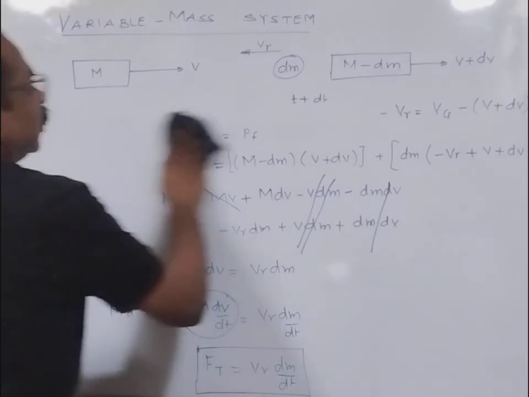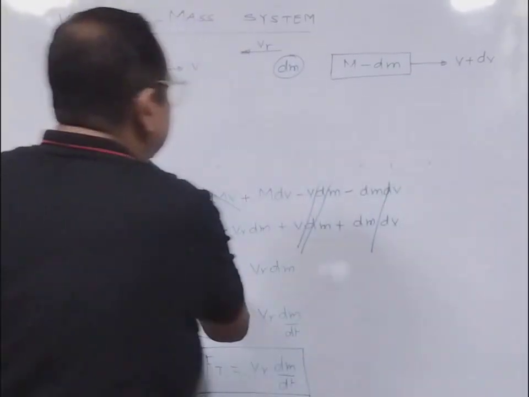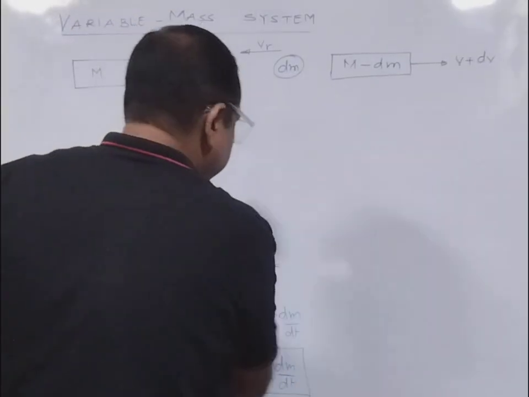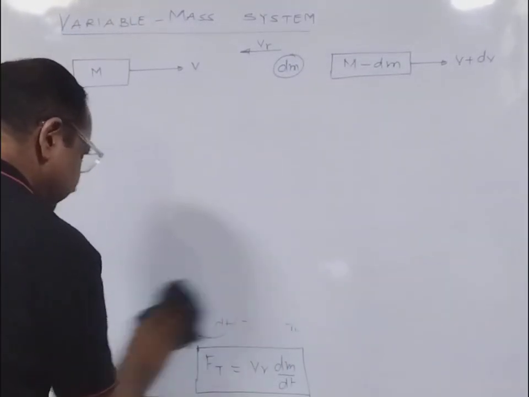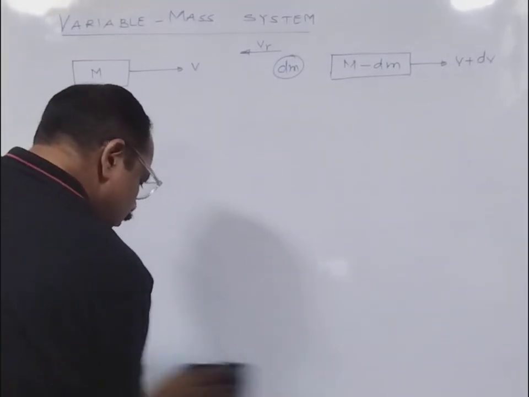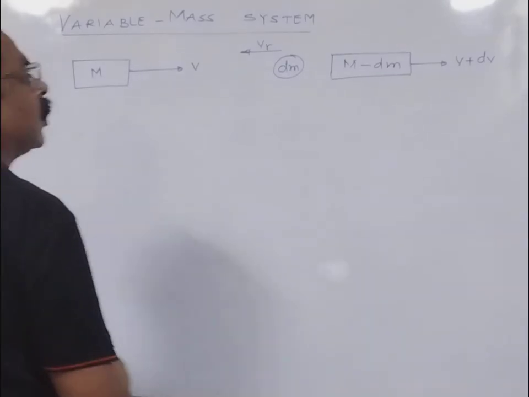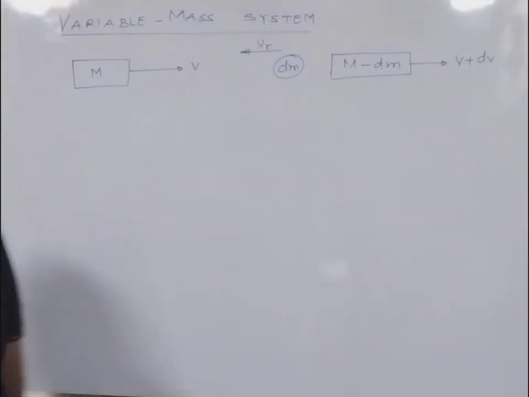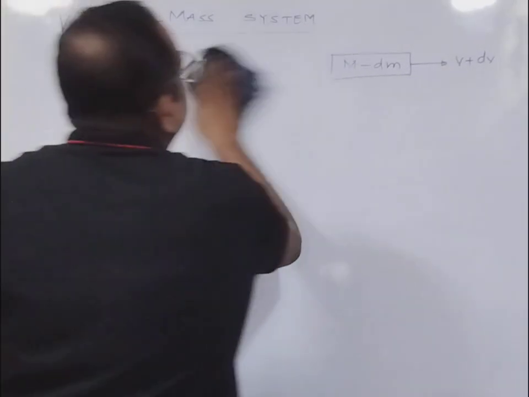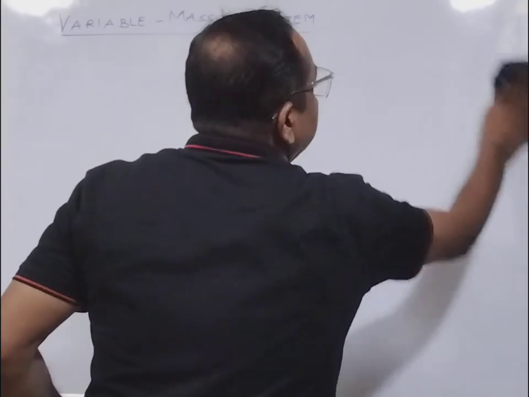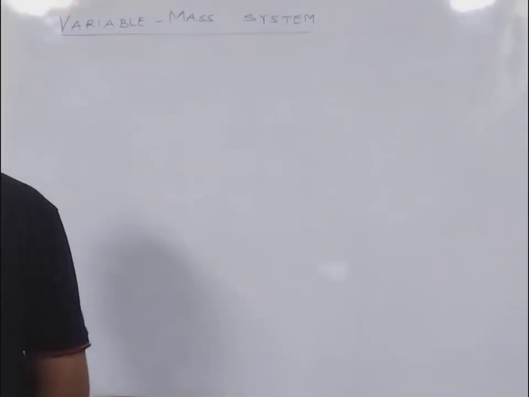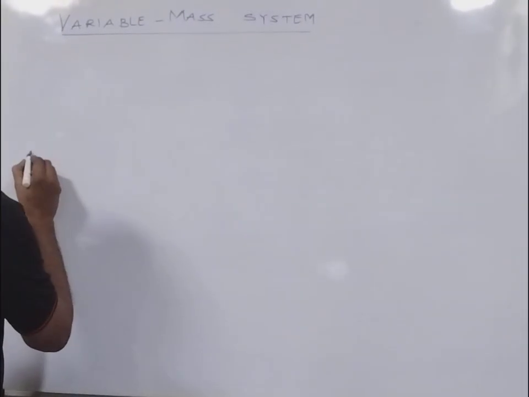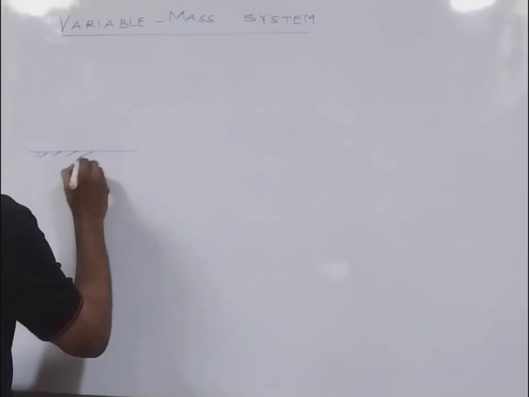I am sure that you got the explanation of this very clearly. Now the question says that a chain of length L and mass M is hanging so that its down part is touching the ground.